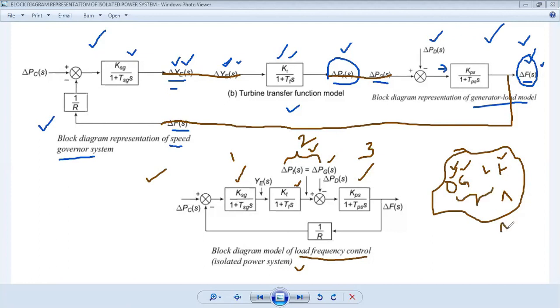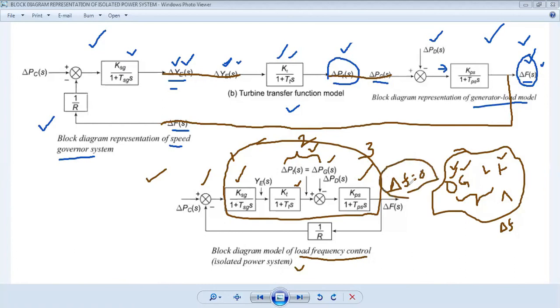If there is any change in the frequency because of a disturbance in the load, it is given as an input to the speed governing system. The complete system will act in such a way that the change in the frequency of the system becomes 0, so that we maintain the rated frequency F naught.